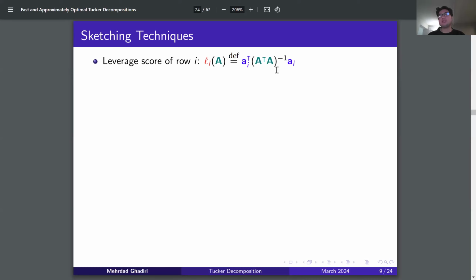It means that it is very important. If I remove that row, it would change the row space completely. If I have rows that are equal to each other, then their leverage scores would be small. If I have two rows that are exactly equal to each other, their leverage score would be a half or something, because even if I remove one of them, I still have the row space.